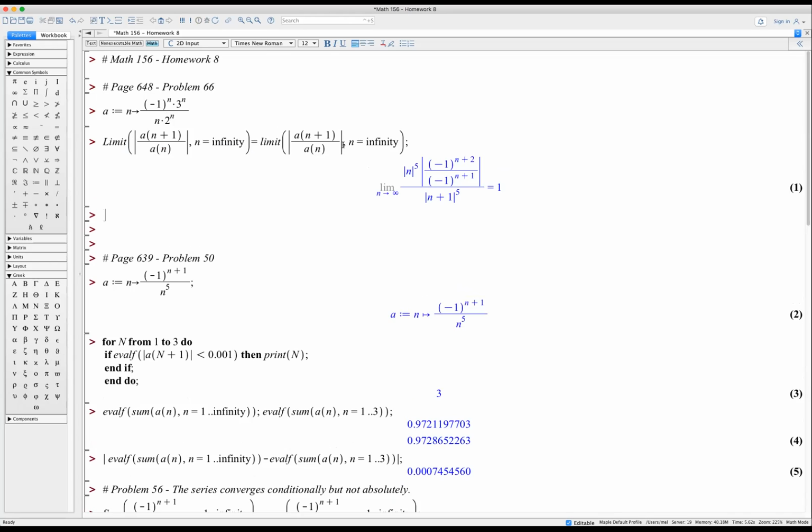The limit is 1. So if the limit is 1, the ratio test is inconclusive. But something about this isn't right.